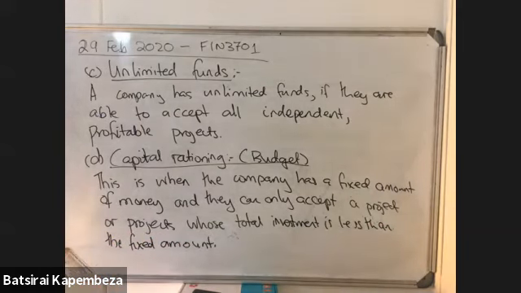So it's in direct opposite to unlimited funds. In this case, you have a company and the company can only accept a project or projects whose total investment is less than the fixed amount. You are now operating with a budget. You're operating with a capital budget. Okay.